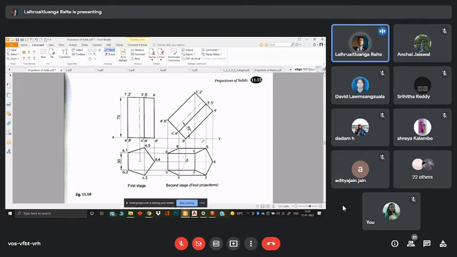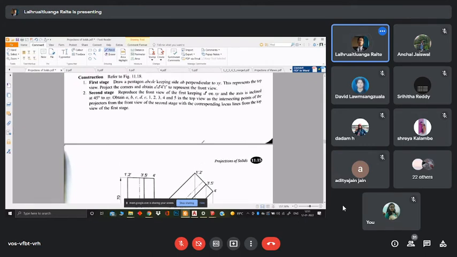So the first stage is that we are first starting with the assumption that our solid is perpendicular to the horizontal plane, and the axis is parallel to the vertical plane. Okay. All right. Now let's see.